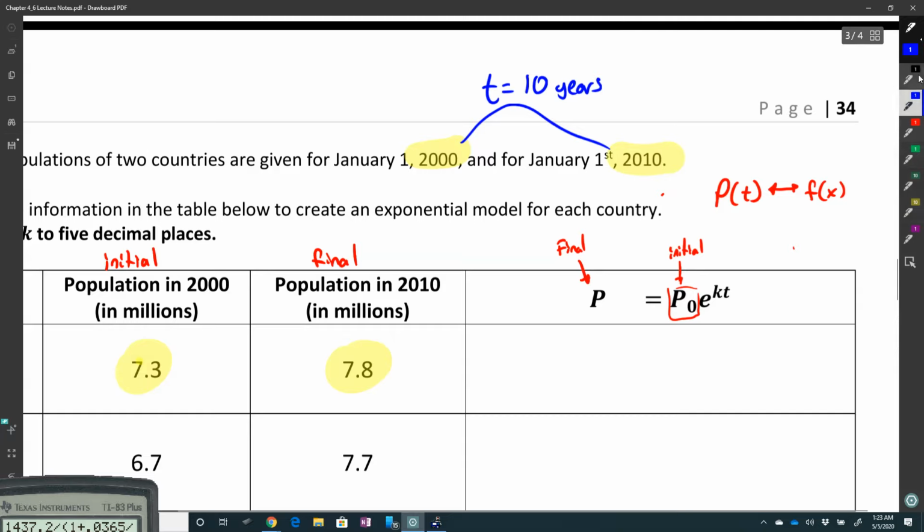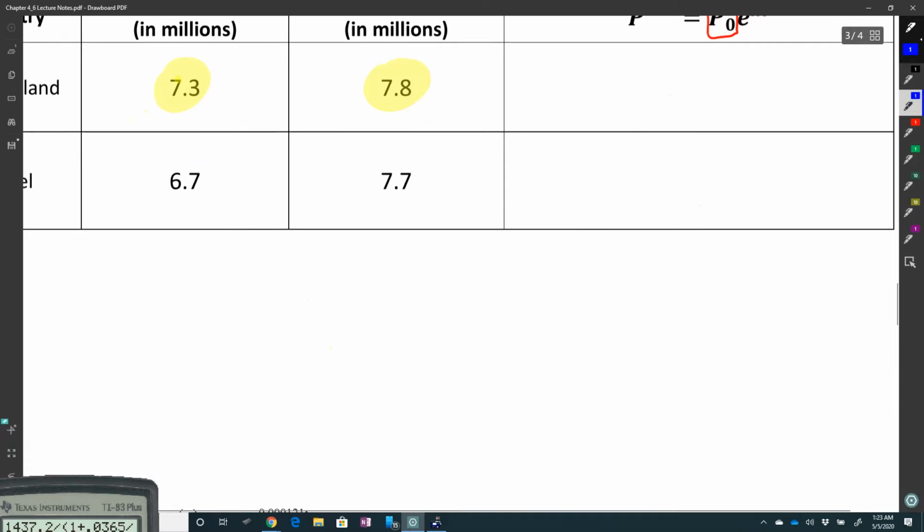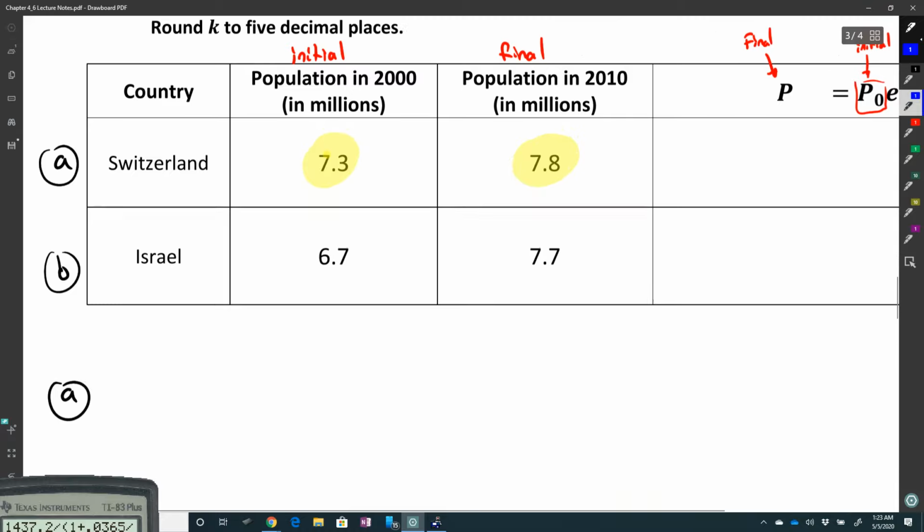Notice that I have the P, I have the P naught. I already know that t is 10. All I got to do is solve for k. So let's write it out. So for the first one, P is equal to 7.8.